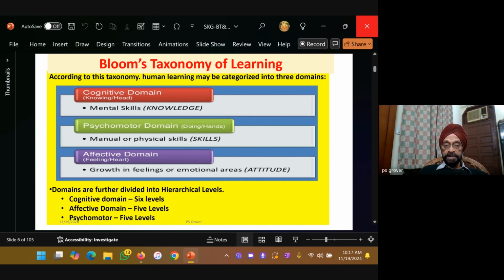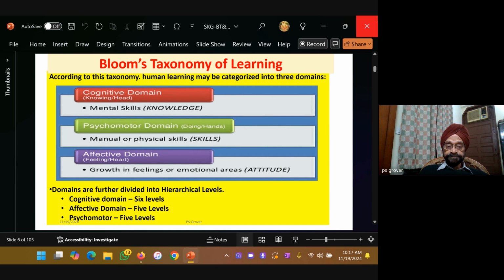Cognitive domain, that is knowledge, our thinking skills, mental skills. Psychomotor domain, that is manual or physical skills. Affective domain, that is feelings, emotion, attitude, etc. Kindly see, nature has already endowed these, and your brain is equipped with these attributes. And Bloom has proposed these three domains.